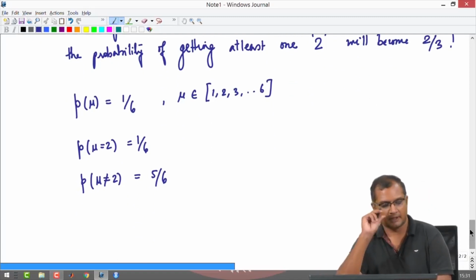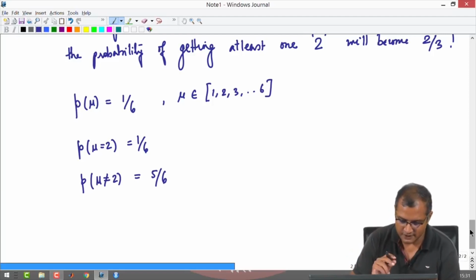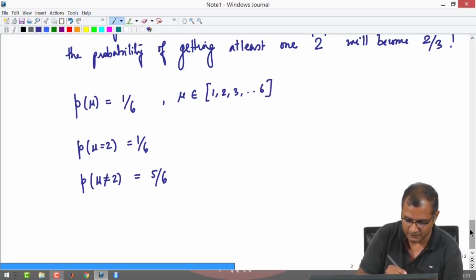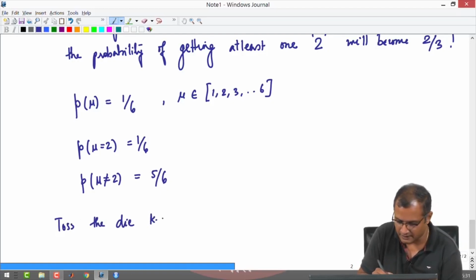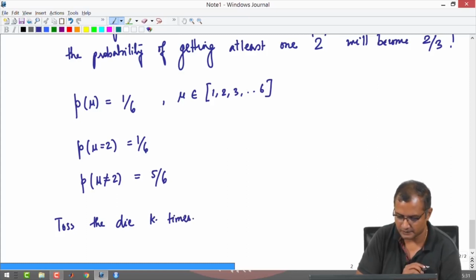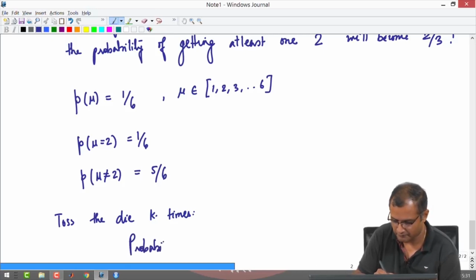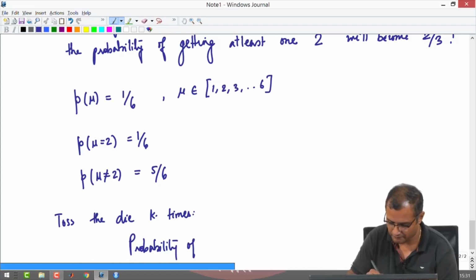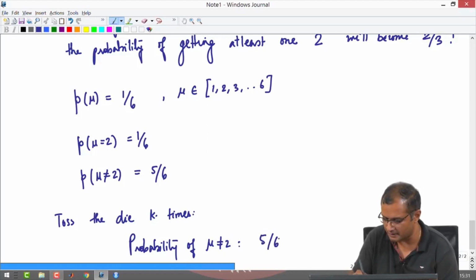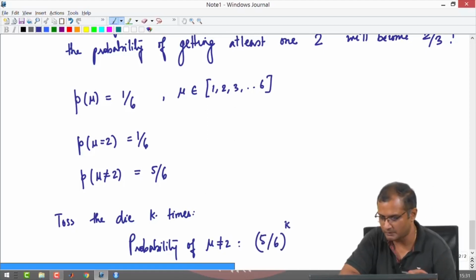Now, this is saying that if I toss it k times, suppose I toss the die k times, the probability of not getting a 2 would just be 5/6 to the power k, because each toss is independent of the previous toss.